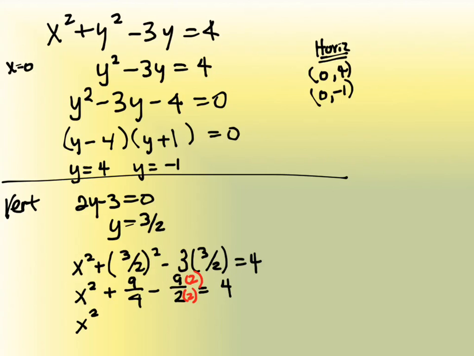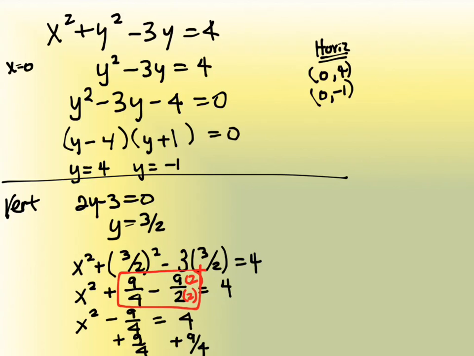All right, so I have 9 over 4 minus 18 over 4, which would be negative 9 over 4 then, right? Equals 4. Is everybody okay with that? I didn't actually show the 18 over 4 step, but that second fraction is actually 18 over 4 when I got a common denominator. I can add the 9 over 4 to the right.